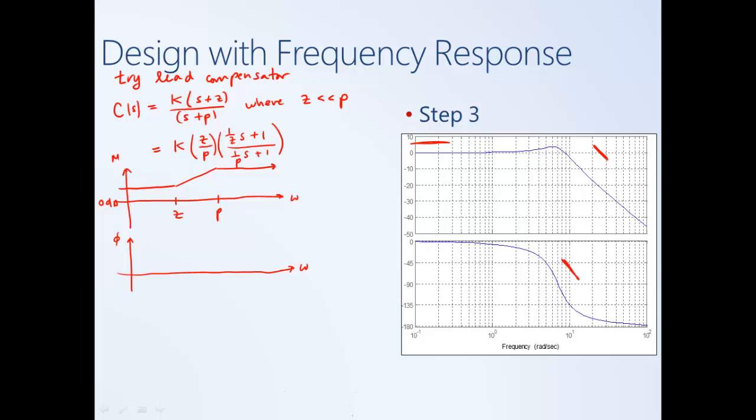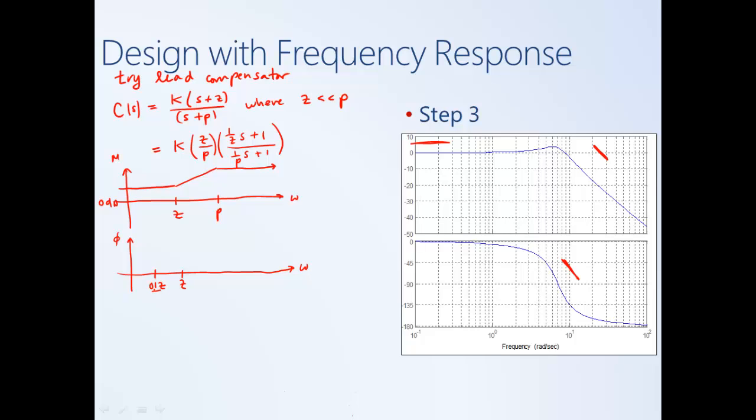If we consider the phase, again, for zeros, the phase starts off at 0 and then it moves up to plus 90. With a pole, the phase starts at 0 and it moves down to minus 90. Since the zero is smaller, we'll hit that first, and in particular we approximate it as beginning 1 decade early.